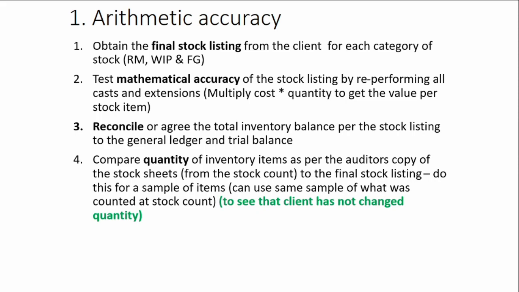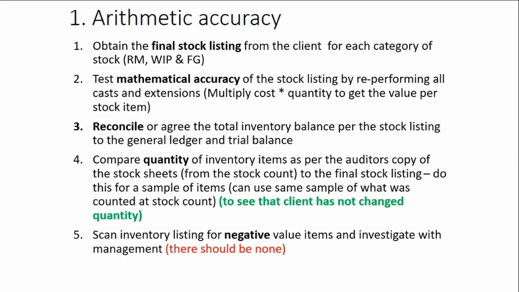When we are looking for specific quantities, we're going to look at the quantity on the stock listing and trace that quantity back to the actual count sheets. Now that's important. So we're looking at the quantities that are available on the system and tracing it back to what's physically there. So there we're looking at only the quantity amount.